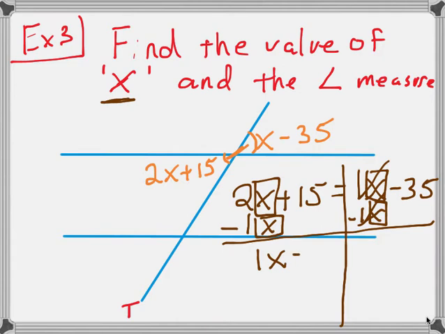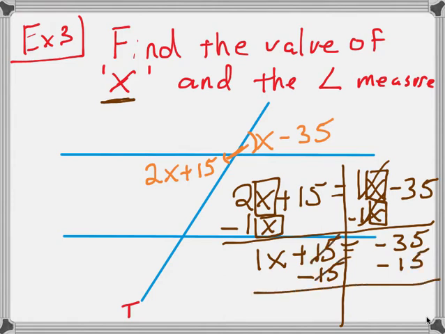So you got 1x here plus 15 equals negative 35. I'm going to get something crazy here, but I'm going to go with it. You might get a negative number, which might sound silly. I'm just going to go through the motions here. So 1x equals negative 50.